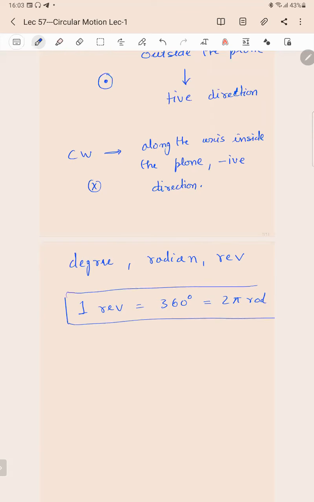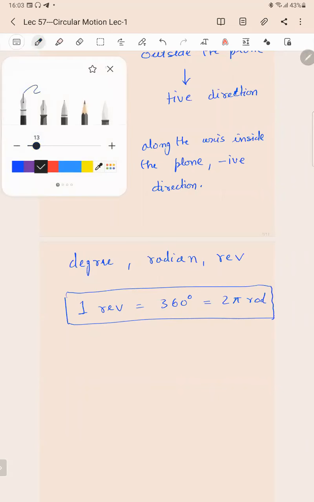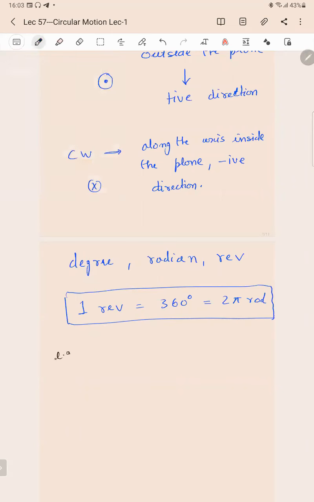So I want you to do a few sums for me. Take out your rough copy and pen and do a few sums. Suppose I have got 45 degrees. I want to express it in terms of revolution as well as radian.